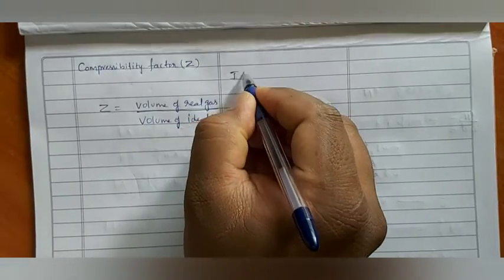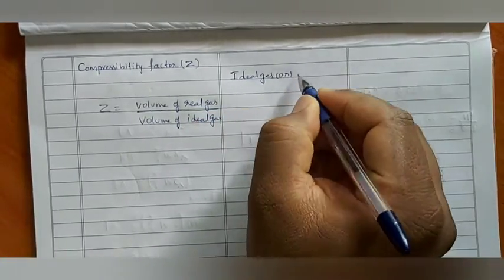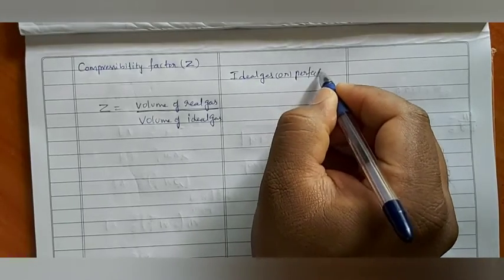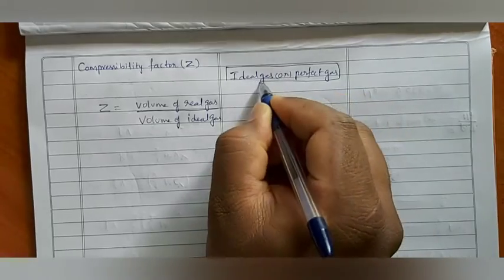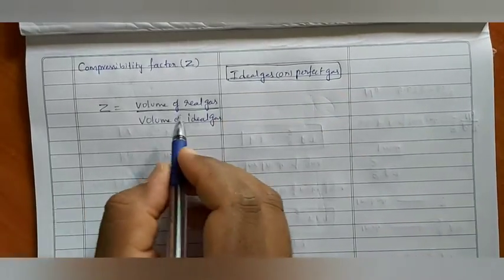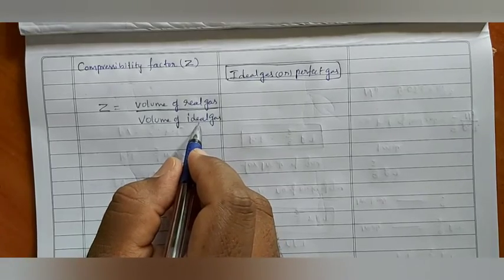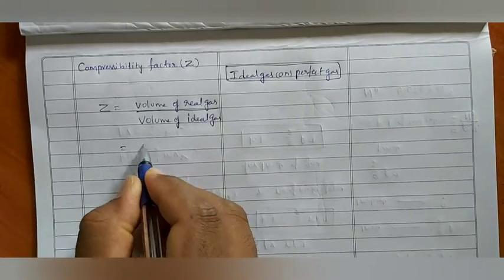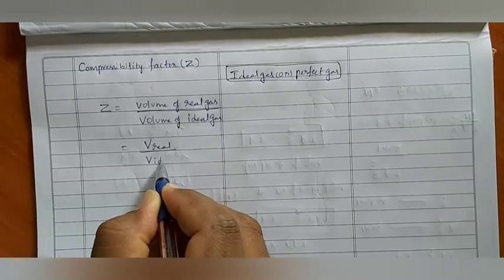Ideal gas is also called perfect gas. So here Z is equal to volume of real gas divided by volume of ideal gas. I am writing it as V real divided by V ideal.